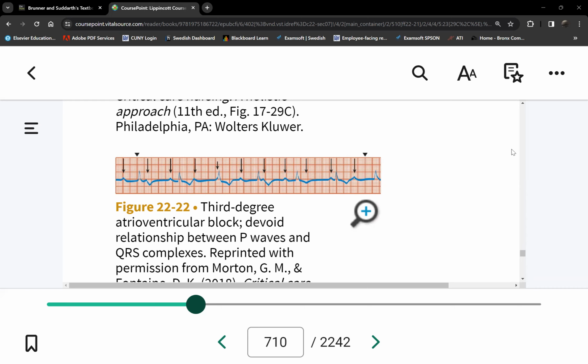No. So it's not enough to sustain life. So this patient needs a pacemaker, right? There's nothing we can fix. We can't put in an artificial electrical conduction pathway. It's not possible. We don't have that technology yet. So until then, patients like these will require a permanent pacemaker. All right.